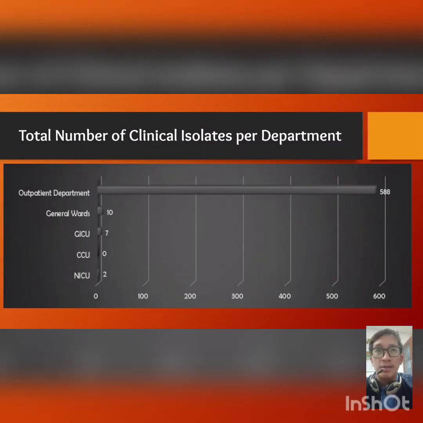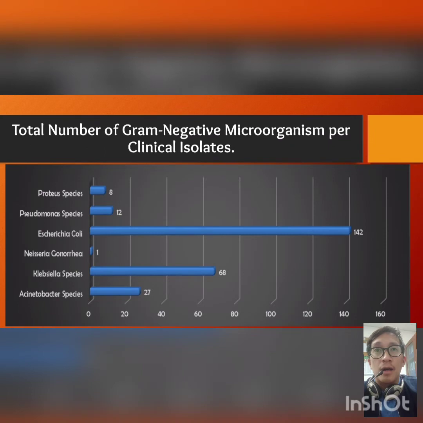Most of the clinical isolates were found in the outpatient department, meaning to say these are patients who came to the hospital for consultation and were ordered for culture and sensitivity. Of all the gram-negative microorganisms per clinical isolate, E. coli has the highest number, which is around 142.